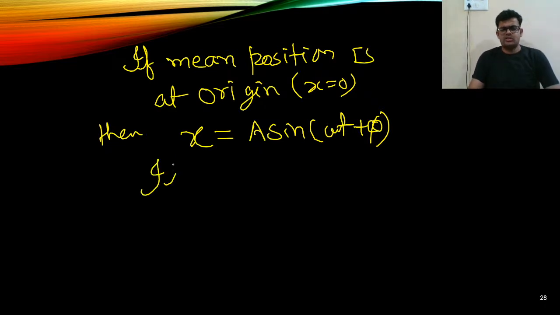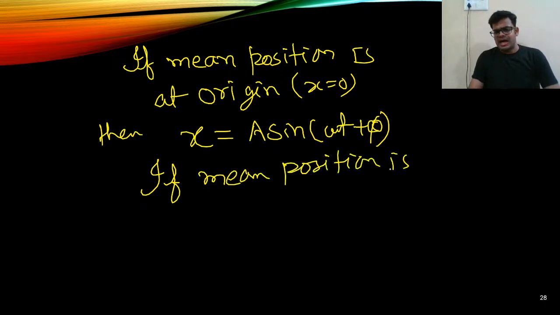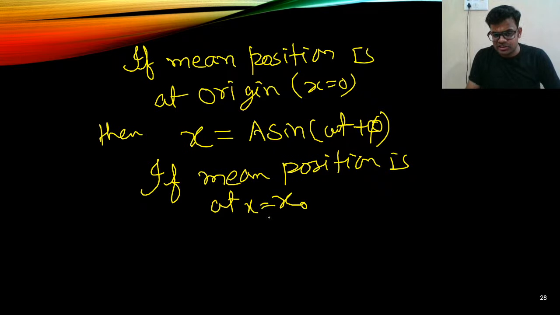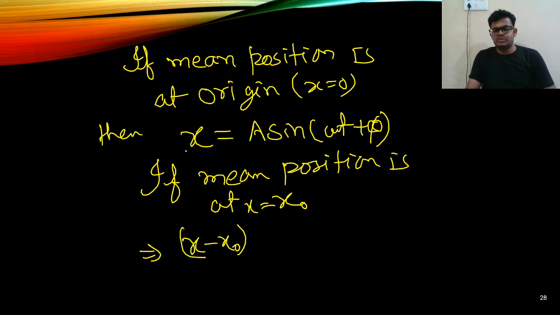Second case: if the mean position is at x naught, meaning some position is given, x equals x naught, and at this position we have the mean position. Then the equation of SHM will be x minus x naught, because x represents the displacement.